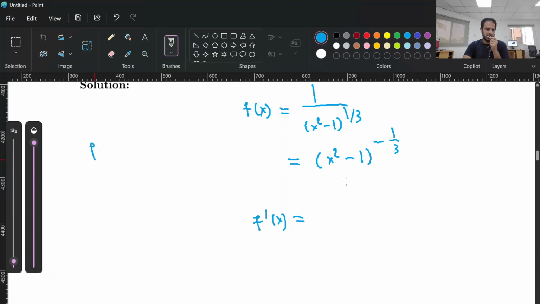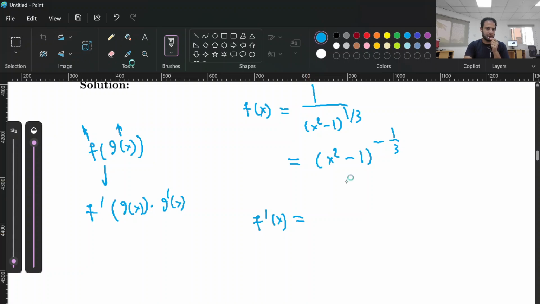When you have f of g of x, there is an inner function and an outer function. When you differentiate, you have the derivative of the outer, f prime of g of x, so g of x you don't change inside f prime. Then you multiply by the derivative of the inner, g prime of x. So this is the chain rule.